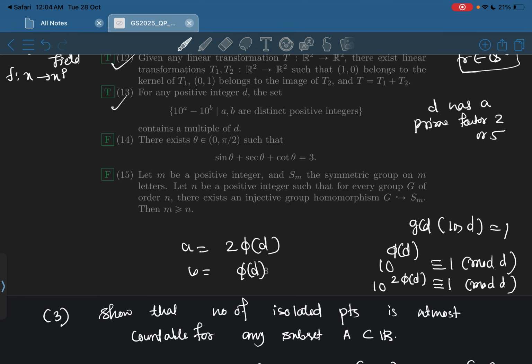Yeah, that's the thing. So that's why there doesn't exist any theta. Hence, by using AMGM inequality you get this false.